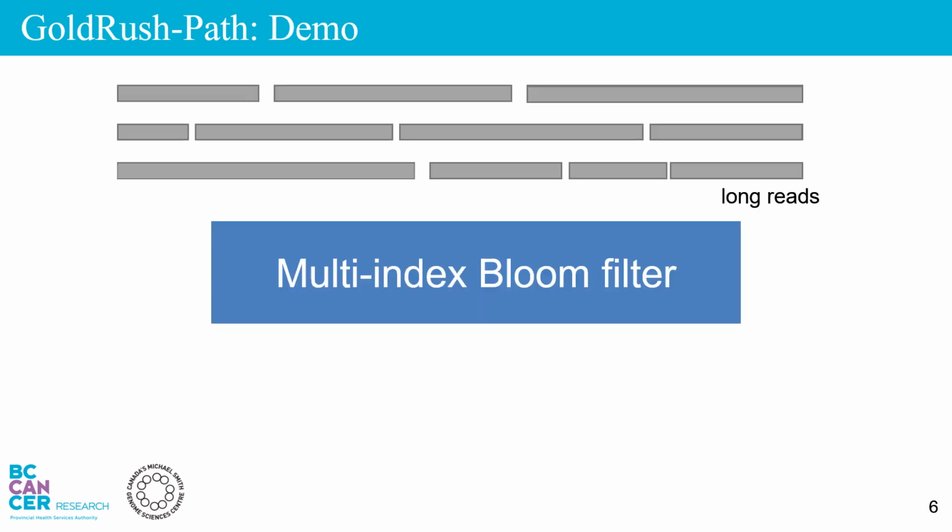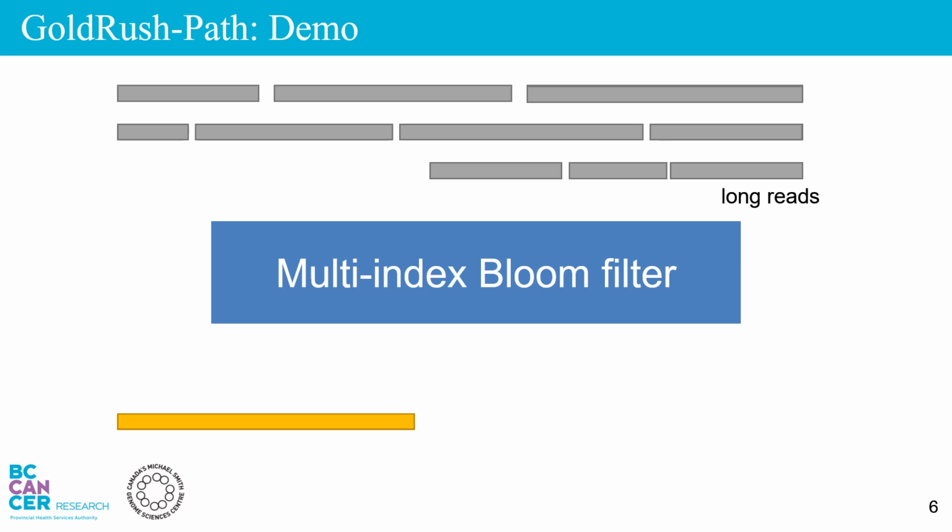Here is a demo of how GoldRush-Path works in practice. The first read is queried against the multi-index Bloom filter. It is not found, so it is added to the golden path. The second read is also queried against the multi-index Bloom filter. It is also not found and added to the golden path.